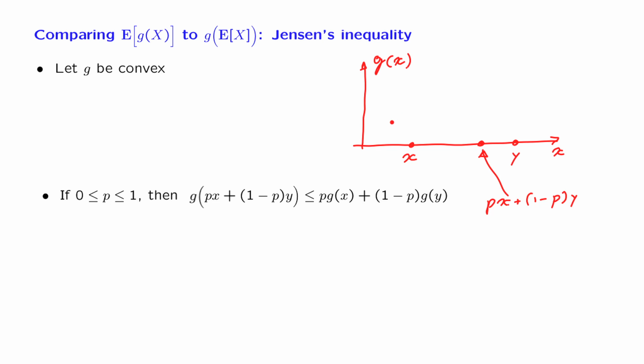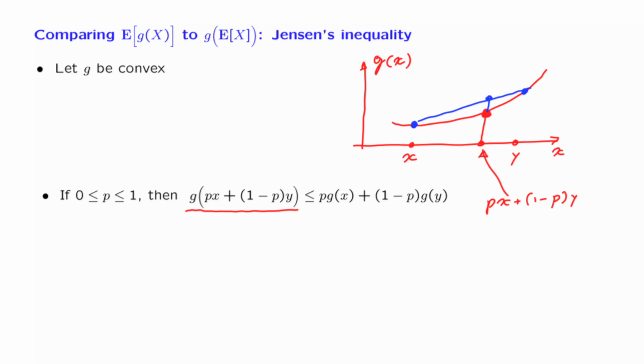And if I look at the value of my function at that particular point, so this value here corresponds to this. This is less than or equal to the weighted average of the values of g of x and g of y. So this is g of x, this is g of y.